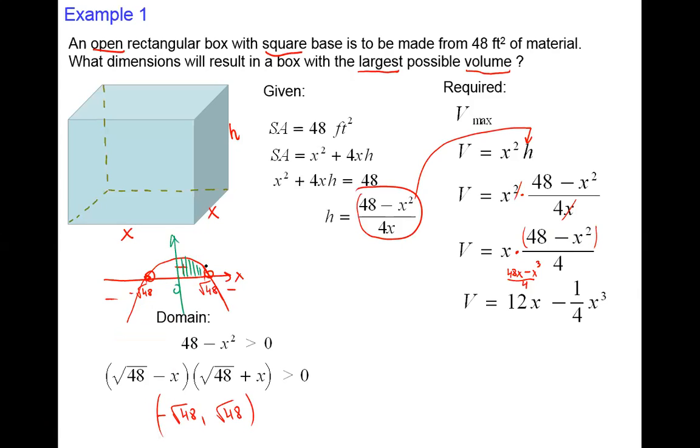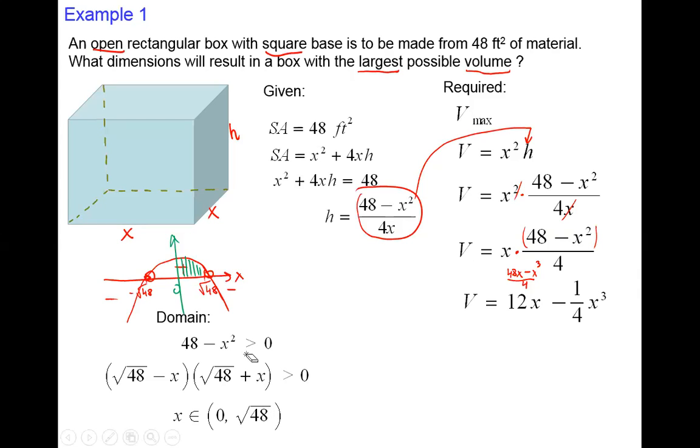That means this is actually the domain. And I did type this for you. It's from 0 to square root of 48. That means if our numbers are outside this interval, we can't accept them. Then maybe we don't have the solution, okay? And square root of 48 is almost 7, right? Because square root of 49 is 7.